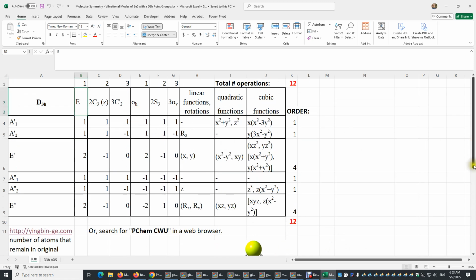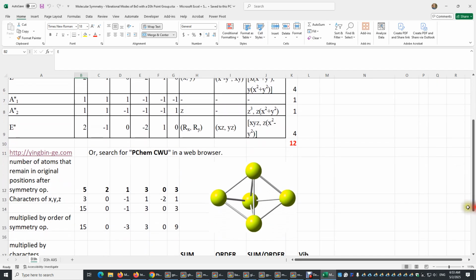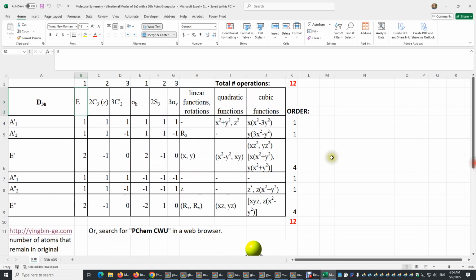We have sigma h, which is perpendicular to the principal rotation axis. These 3 atoms define a plane, and that plane is the sigma h plane in this molecule. We have S3, improper rotations. Improper rotations are rotations about the principal rotational axis followed by a reflection.